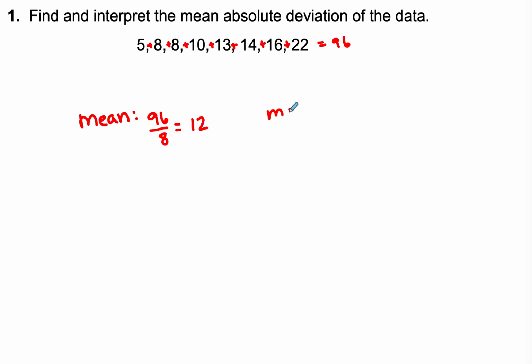Now we need to do the MAD. So I'm going to erase this and make my new list of numbers. I'm going to subtract each one with 12.